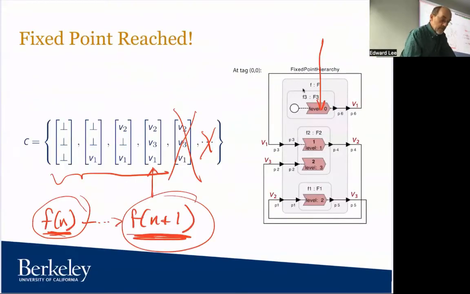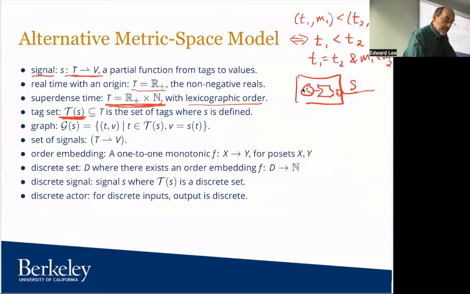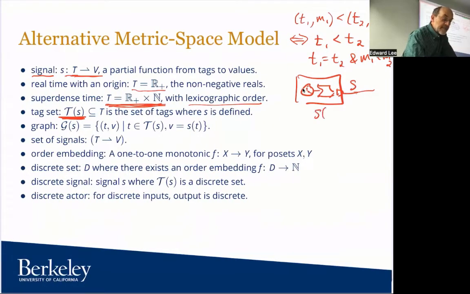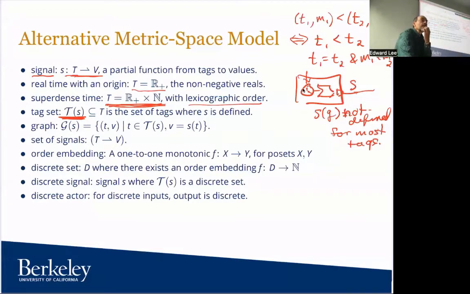So the signal is modeled as a function where for most tags, this is not defined. Okay, it's only defined on the tags that correspond to the ticks of the clock. That makes sense? Got that in your heads, I hope?